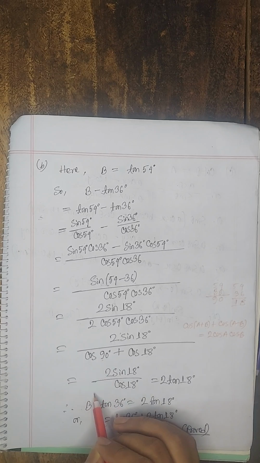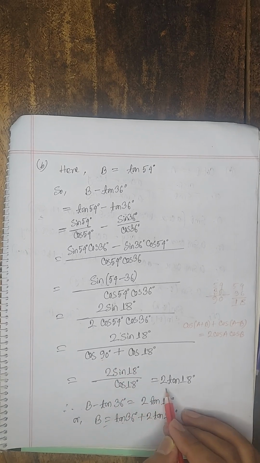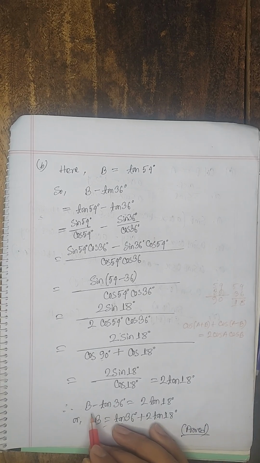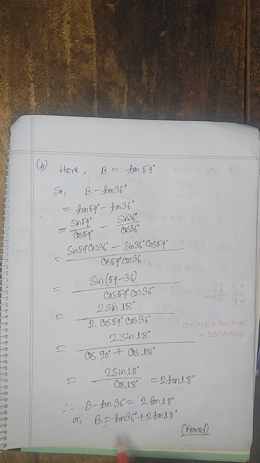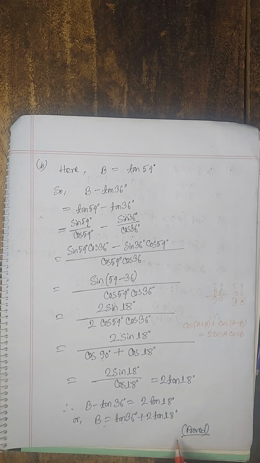From here we get 2 tan 18, and in the last line b minus tan 36 is equal to 2 tan 18. Then b is equal to tan 36 plus 2 tan 18.